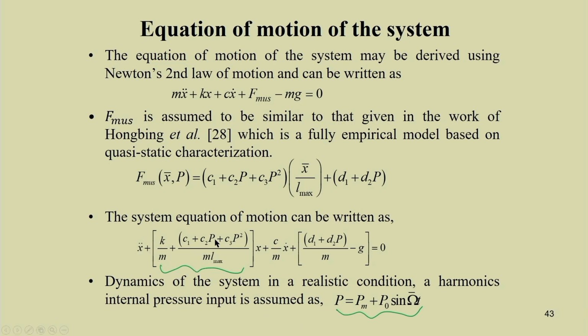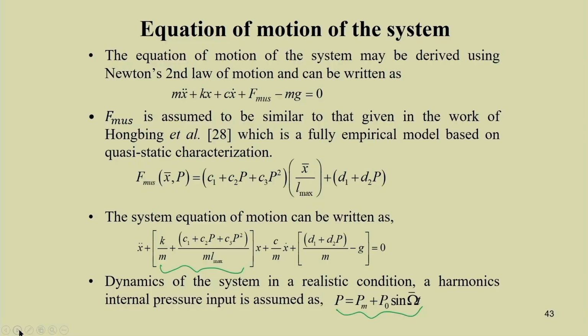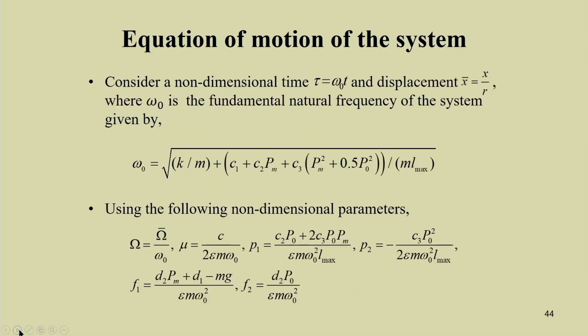Out of this, P has a constant term and also a periodic term, as P equals Pm plus P0 sin omega t. By taking the constant term we have one constant coefficient of x, which contributes to the natural frequency, and another part which is a periodic function. That will be responsible for the parametric excitation of the system.